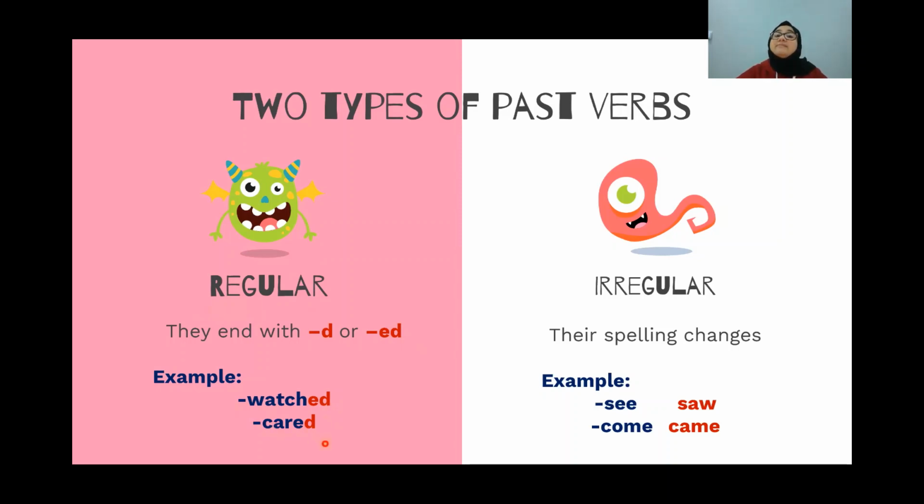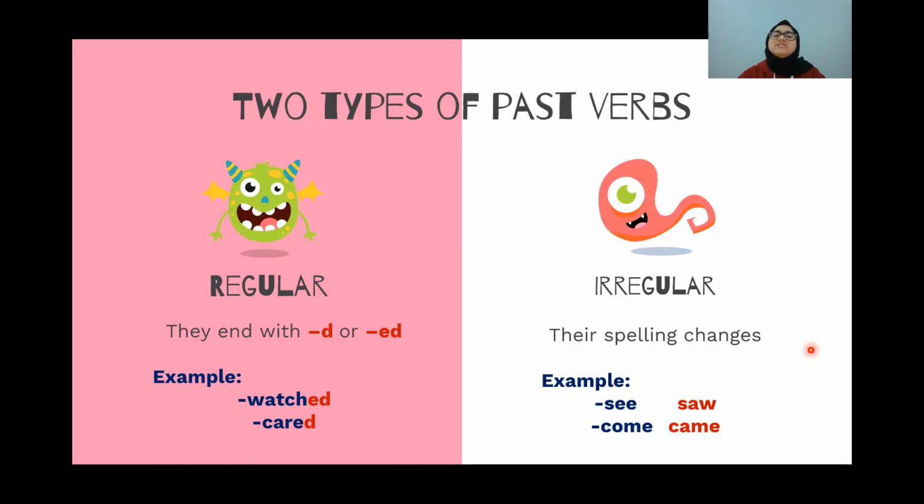We want to make it past, so we add d to it and it becomes cared. The reason why we did not add ed to care is because it already ends with an e, okay? As simple as that. Regular past verbs, what do they take in order to be past? They take D or ED at the end. That's it.